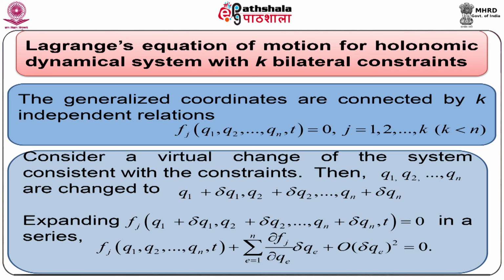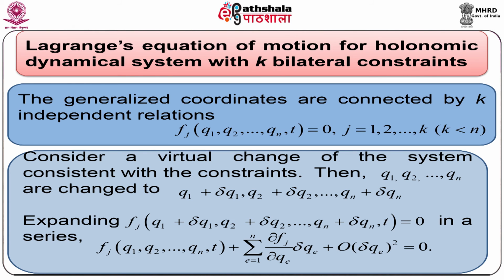fj as a function of q1, q2 up to qn and time t, plus summation over e of del del qe operated on fj into delta qe, plus terms of order delta qe square and higher orders, equal to 0. It is given that this is equal to 0.